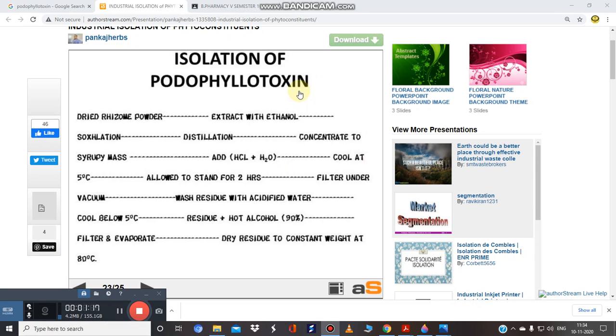You will obtain podophyllotoxin. So it is a simple isolation procedure. You will take the powder, extract with ethanol in the Soxhlet apparatus, add HCl, add acid, and set aside for at least 2 hours. Then again you will filter it, add again HCl or acidified water, and finally you will add hot alcohol, and you will obtain a residue.